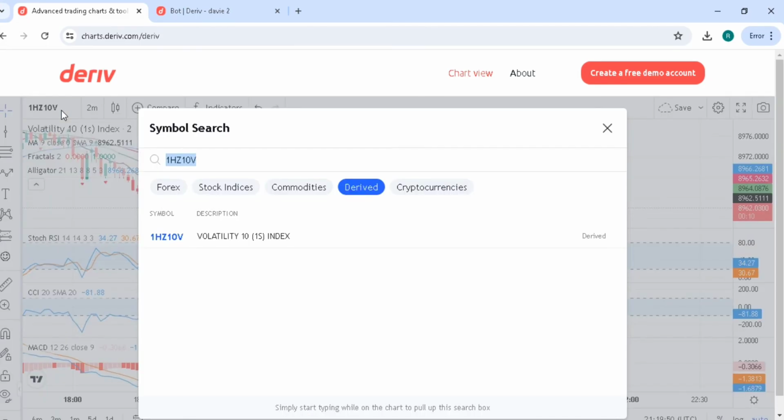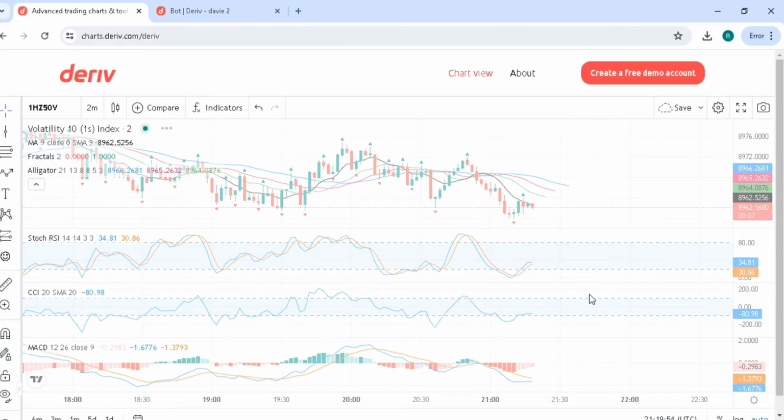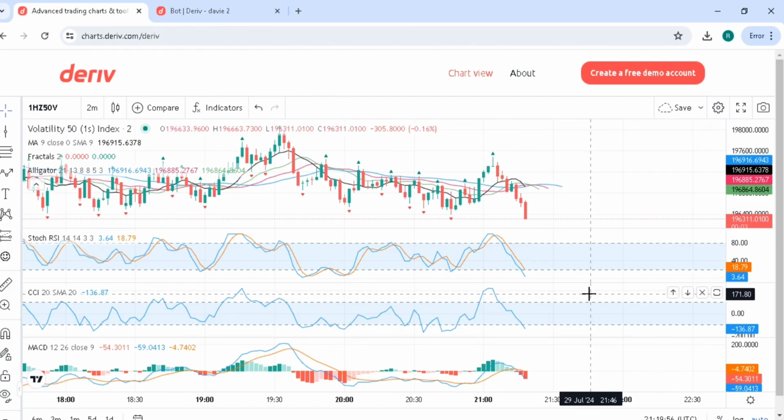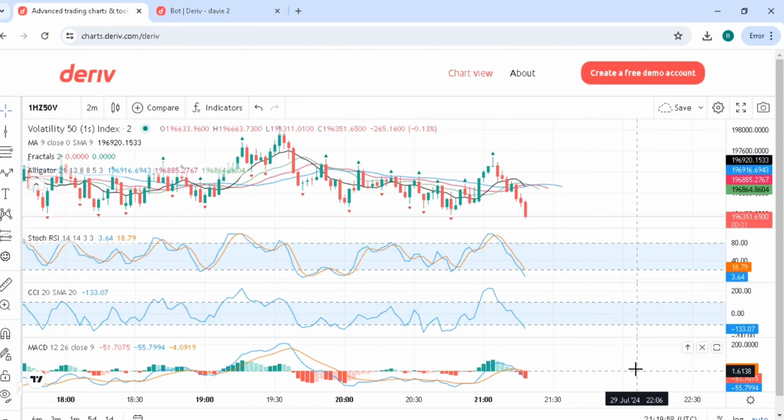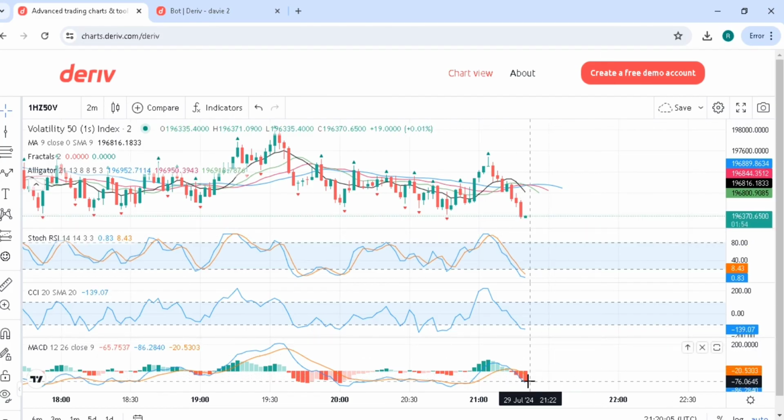Let's try another one. 51S. You see a candlestick like this one, it has a very small wick, and then the MACD is completely red.